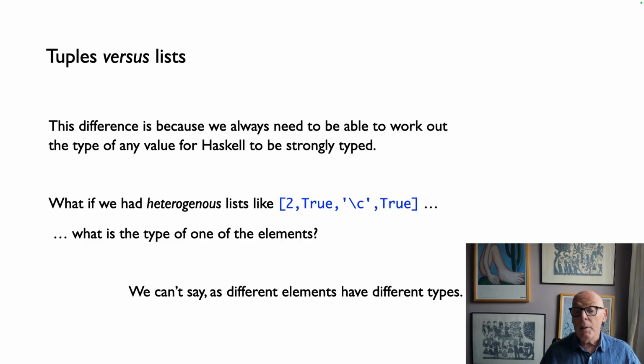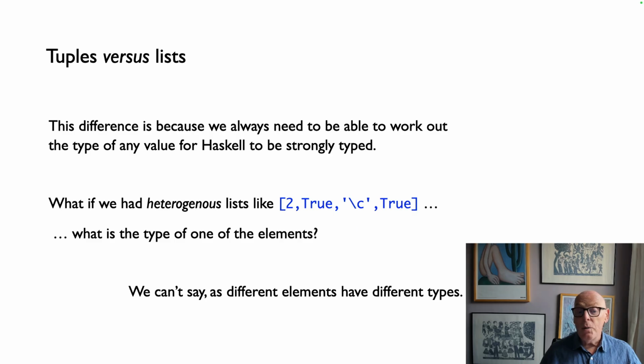If we chose the last element, we get something that was a Boolean. So we couldn't predict, when choosing an element, what type that element would have.